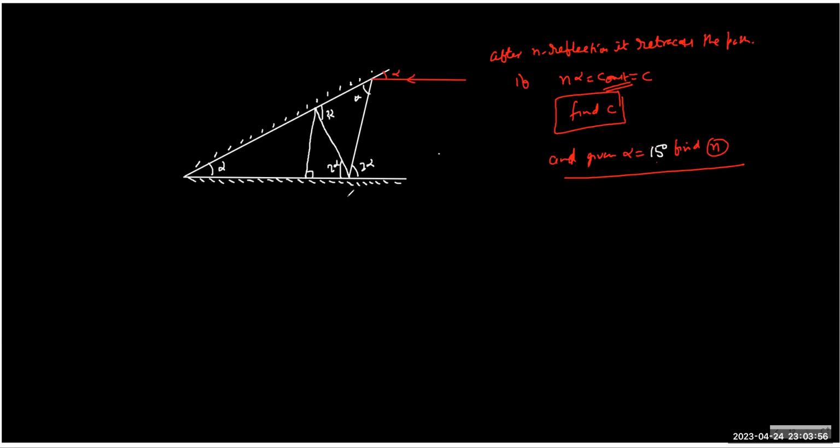So if it is happening after n reflections, then n alpha must be 90. Then only it is possible. Is it clear? Yes, got it. So only when n alpha becomes 90, it is going to retrace. And therefore, alpha is given as 15.